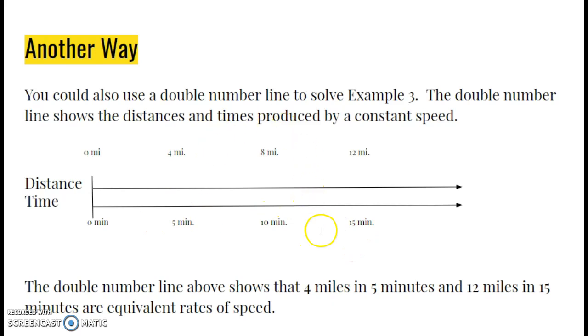As you can see, when we get to the third value, I have 12 over 15. So this was the missing value that we were looking for. So once we get here, we found our answer. The double number line above shows that 4 miles in 5 minutes is equivalent to 12 miles in 15 minutes. So as long as the speed rate stays the same, you have an equivalent ratio.